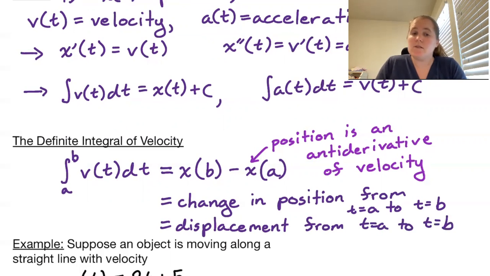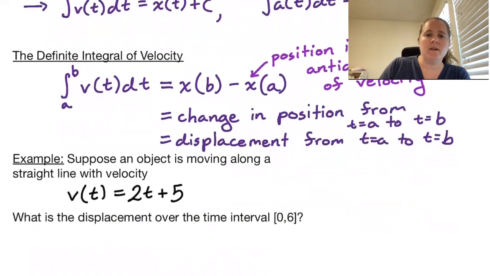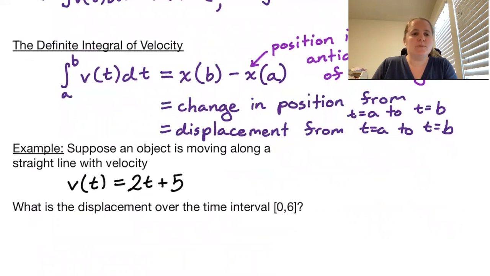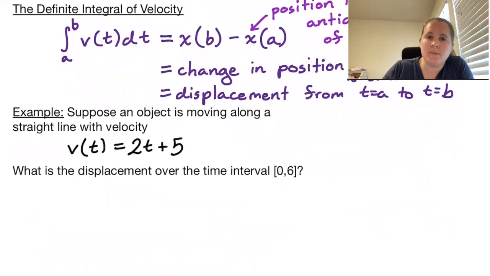So if we are asked to find the displacement and we know the velocity function, all that is required is finding that definite integral of velocity. So let's suppose an object is moving along a straight line with velocity v of t equals 2t plus 5. We want to know what is the displacement over the time interval 0, 6.